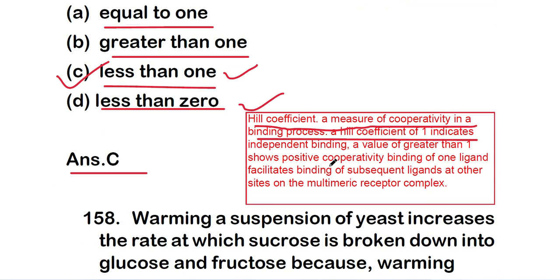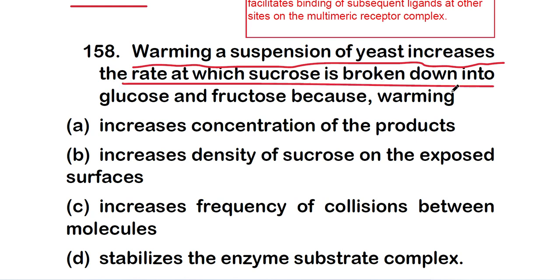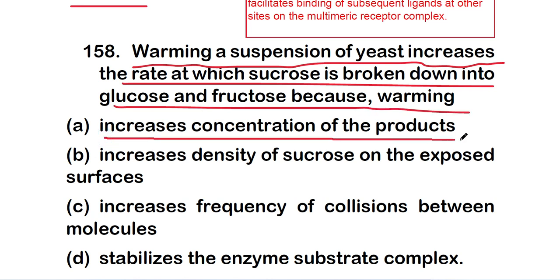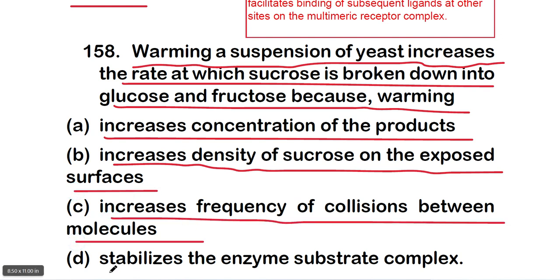Okay, so let's move on to another one. Warming a suspension of yeast increases the rate at which sucrose is broken down into glucose and fructose, because warming causes: option A, increases concentration of the products; option B, increases density of sucrose on the exposed surfaces; option C, increases frequency of collisions between molecules; or option D, stabilizes the enzyme substrate complex.